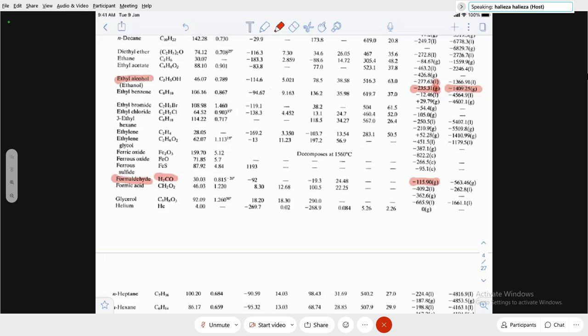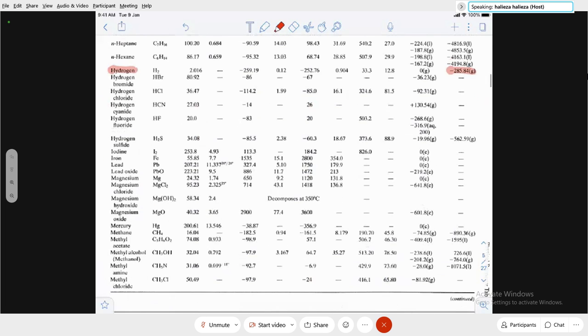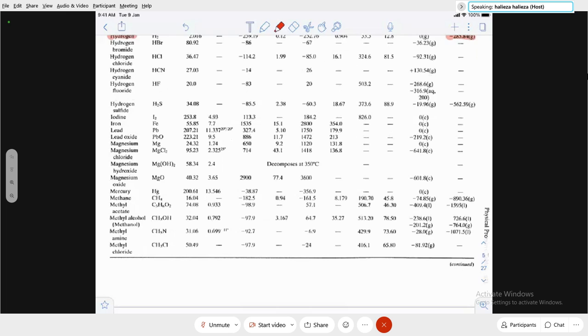So I'm going to write that down because I forgot. The heat of formation for formaldehyde is equal to minus 115.90. What else do we need? We need the heat of formation for methane. So let's look for methane. This is methane.